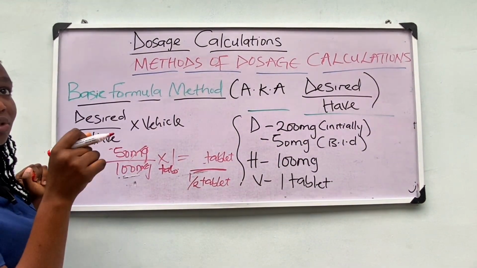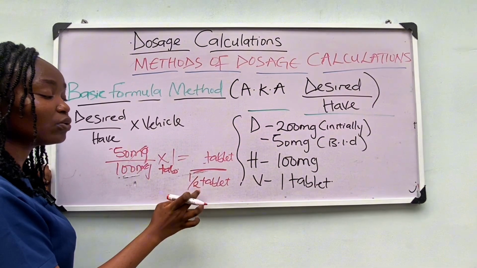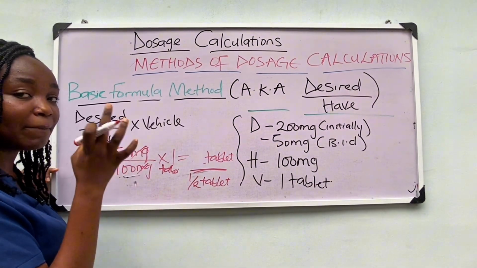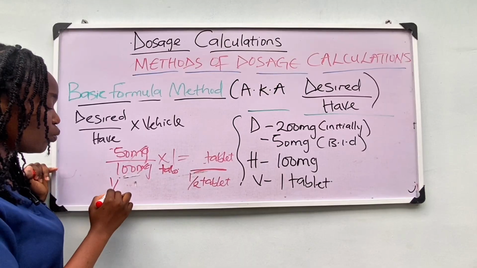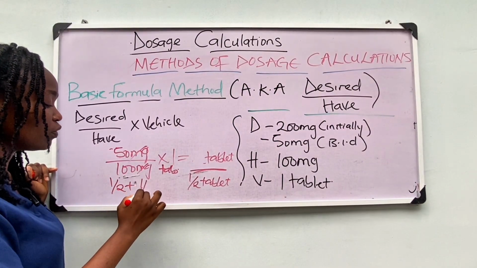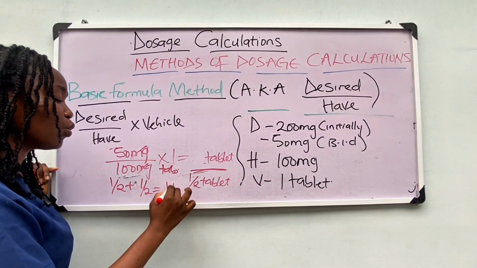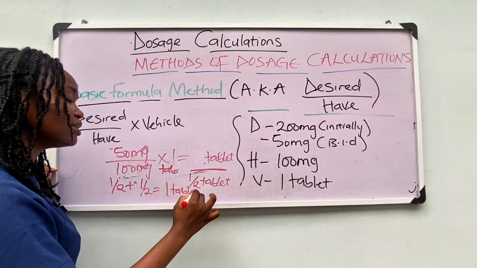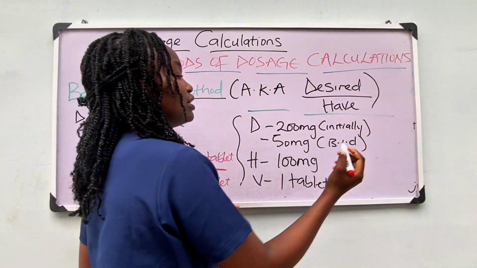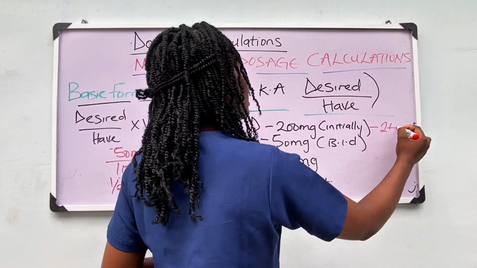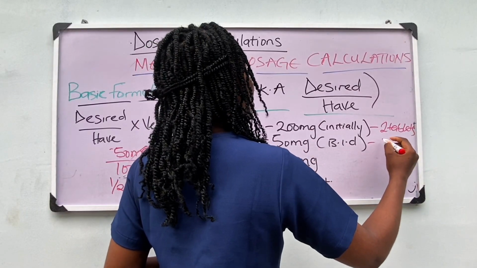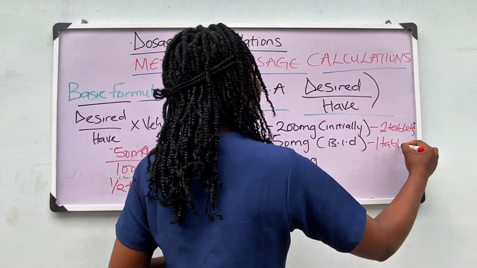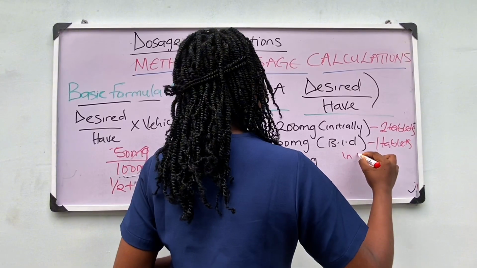So if I'm to administer 1 over 2 tablet, which is half a tablet per dose, how many am I supposed to administer daily? I'm going to have 1 over 2 plus 1 over 2, which gives you 1 tablet. That means for the initial dose, this patient will be administered 2 tablets, and for the rest of the occasions it is going to be 1 tablet in divided doses.